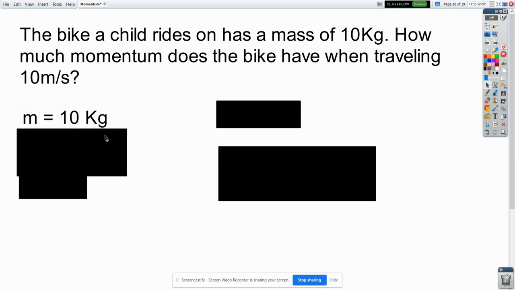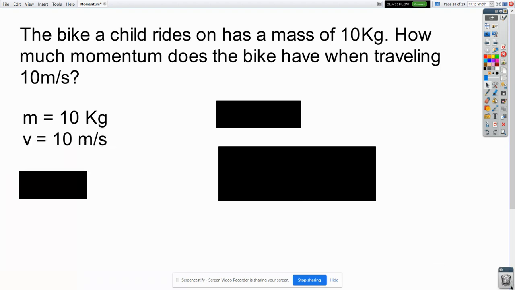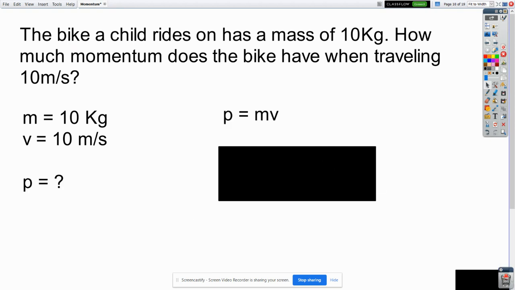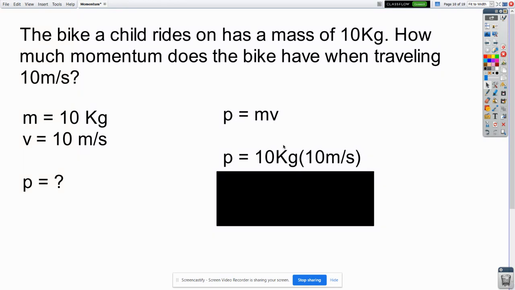10 kilograms would be the mass. It tells us that in the question, and it does have kilograms on it. 10 meters per second would be the velocity of the bike. And again, we're looking for momentum p. Only one equation right now that has all three of those variables in it. Substitute. Mass is 10 kilograms, velocity is 10 meters per second.